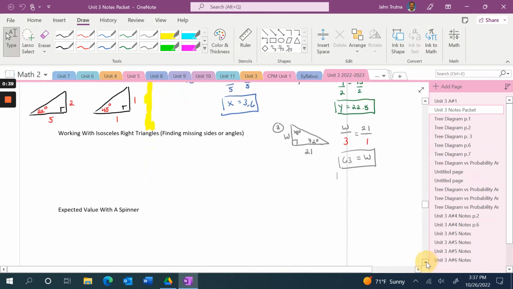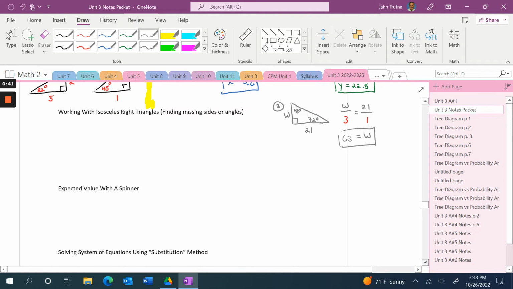And we're moving on to working with isosceles right triangles. In this particular problem, we have triangles that are right triangles, but they're also isosceles. So not only is it going to be a right triangle, but two of the sides are going to be equal to each other, like this, maybe 5 and 5.